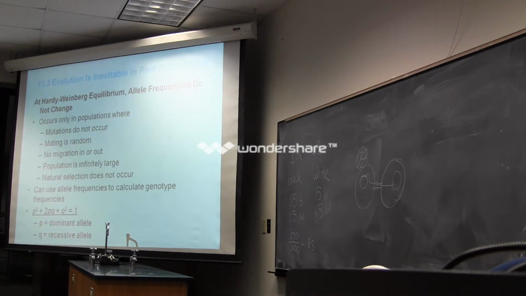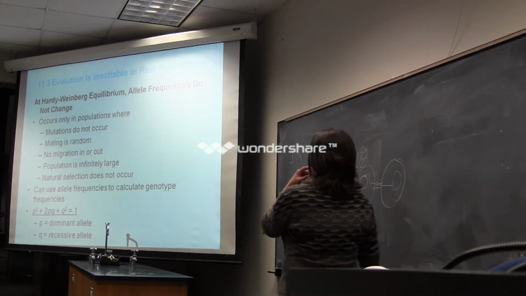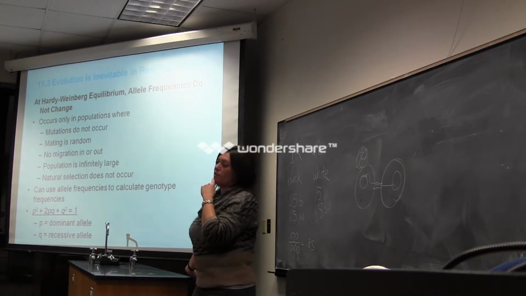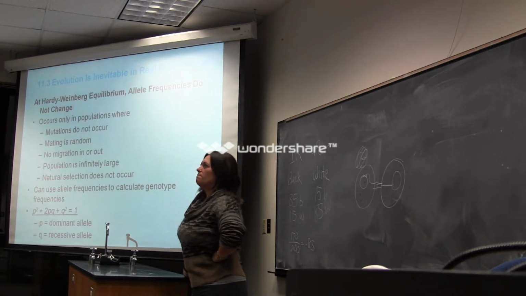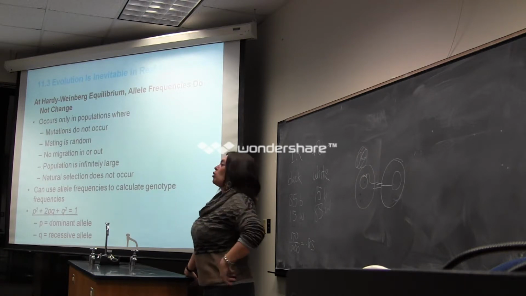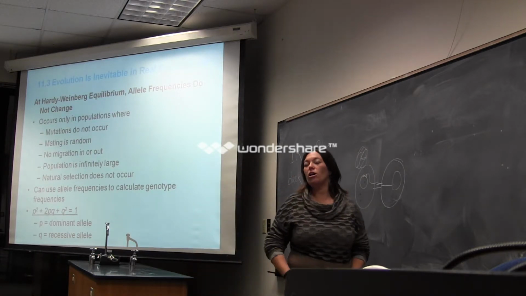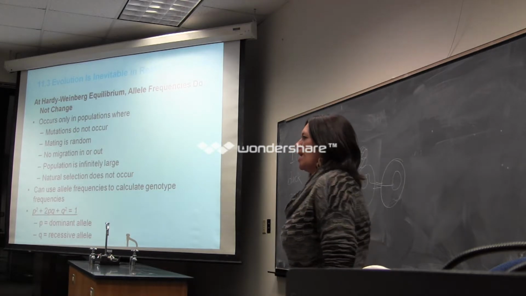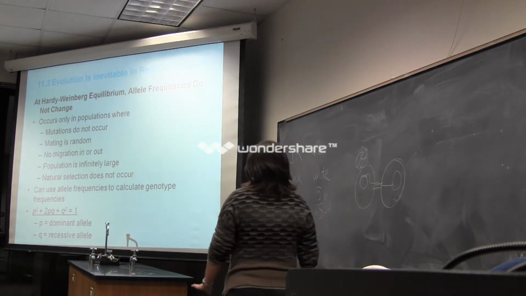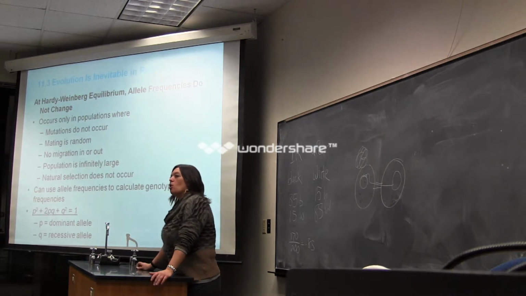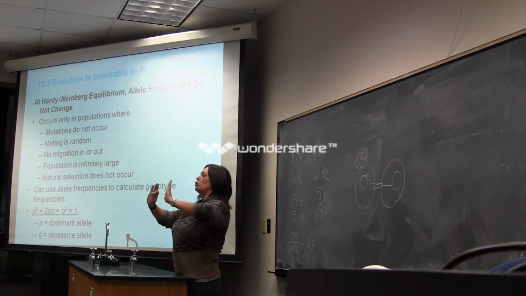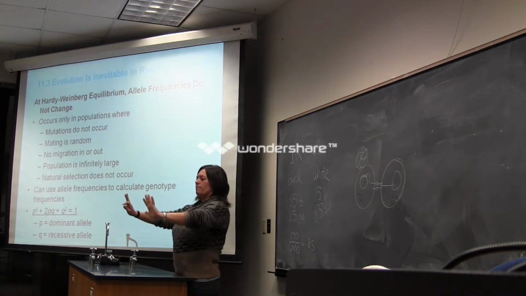All right, so there were these scientists, Hardy and Weinberg, and they came up with this series of equations called the Hardy-Weinberg equilibrium. Basically, Hardy-Weinberg equilibrium is a condition where you have absolutely no change in allele frequencies over time.